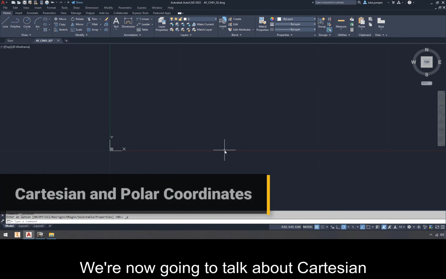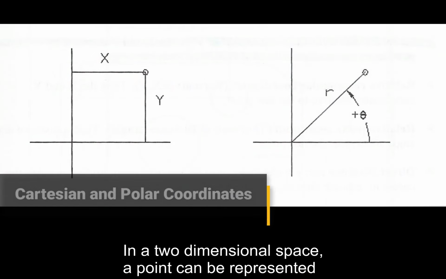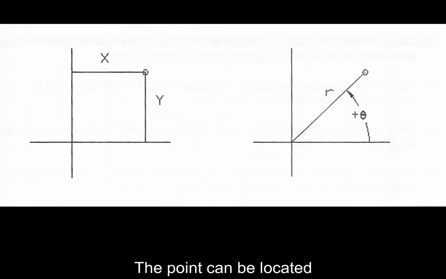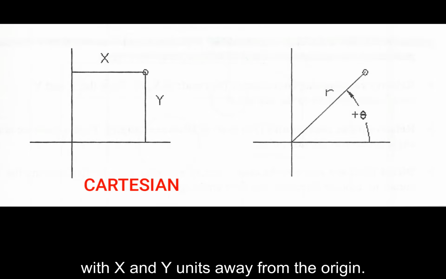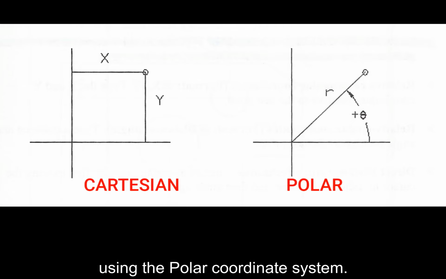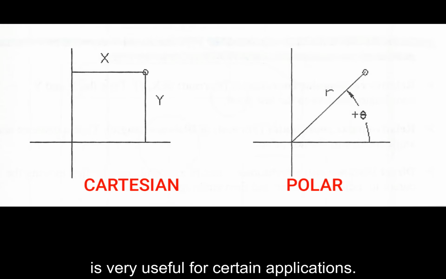We're now going to talk about Cartesian and polar coordinate systems. In a two-dimensional space, a point can be represented using different coordinate systems. The point can be located using our Cartesian coordinate system with x and y units away from the origin. The same point can also be located using the polar coordinate system. For planar geometry, the polar coordinate system is very useful for certain applications.